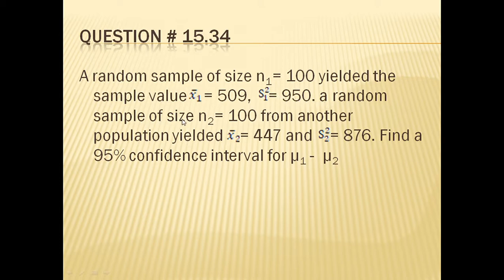A random sample of size n2 equal to 100 from another population yielded x bar 2 equal to 447, and s2 square, the variance of the second sample, equal to 876. Find the 95% confidence interval for mu1 minus mu2.